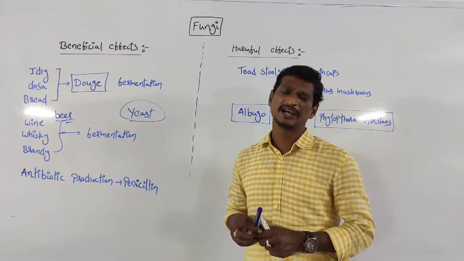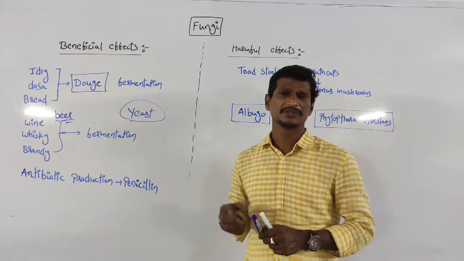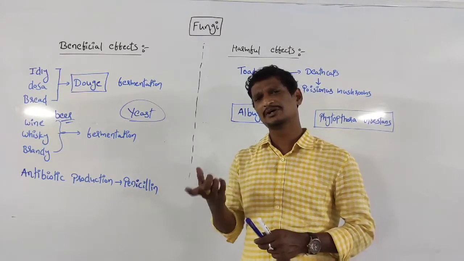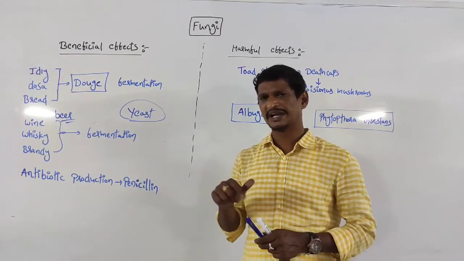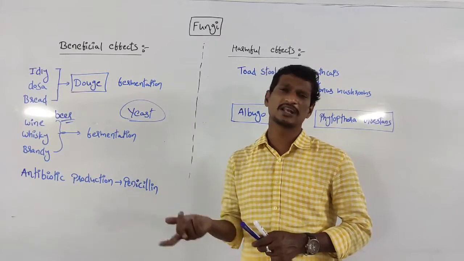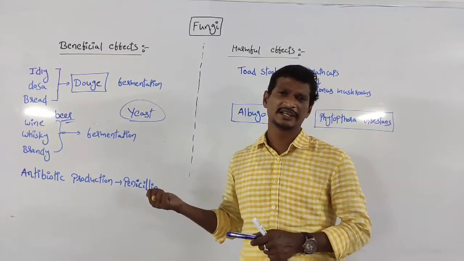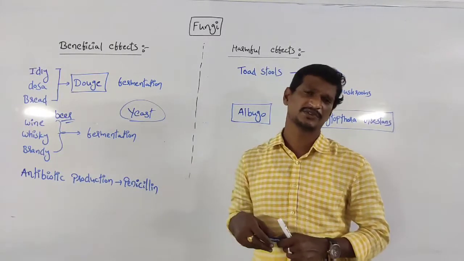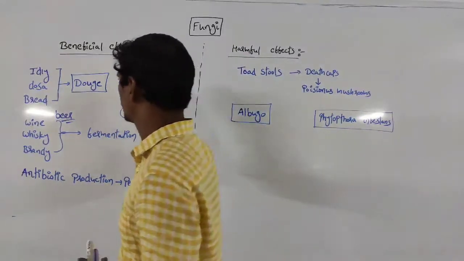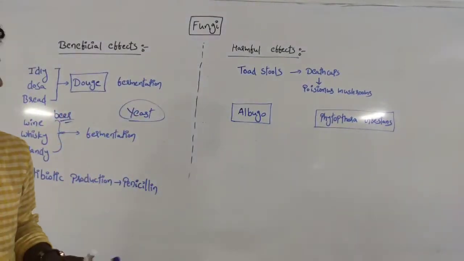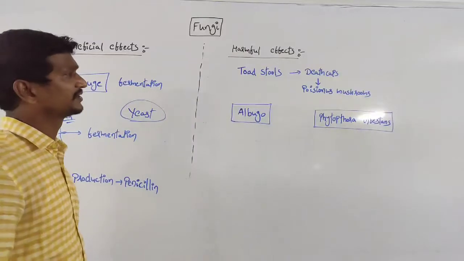That antibiotic has the capacity to kill bacteria. Antibiotic: bio means life, anti means against. Against life, especially here against bacterial cells. That is about the beneficial effects of the fungi.